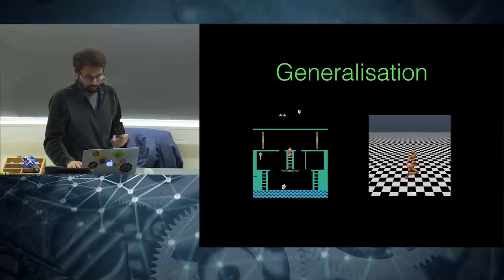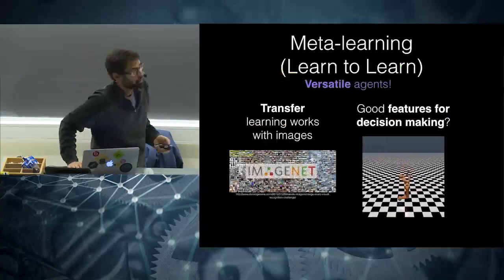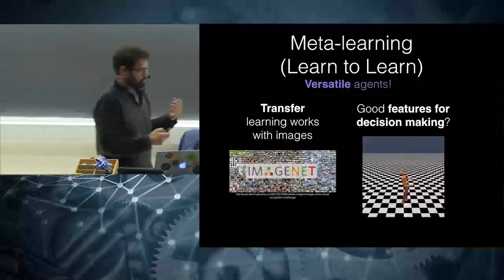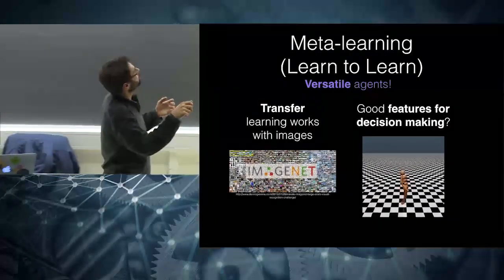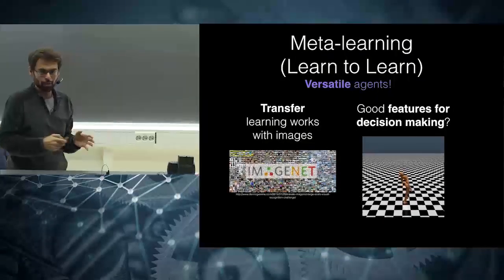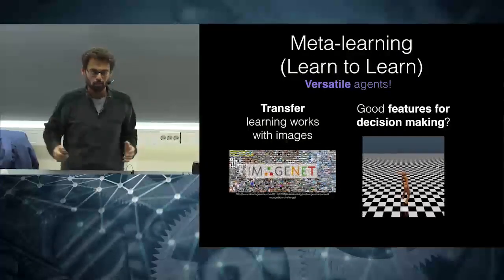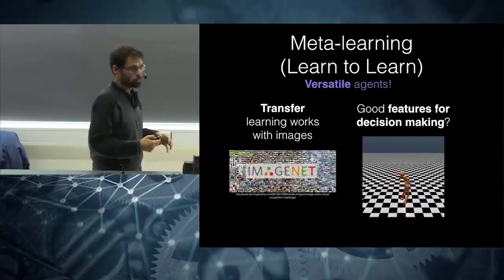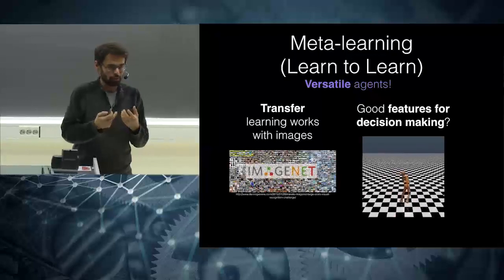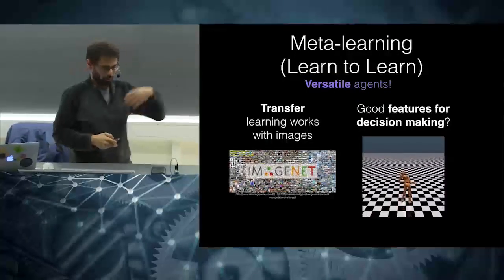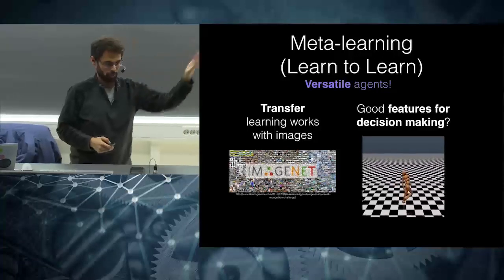There are many ways to think about this problem. One is meta-learning, which is an idea where, you know, in supervised learning, we have this ImageNet data set which people have been using quite a lot. What it allows us to do is get some features which are very useful for further tasks.